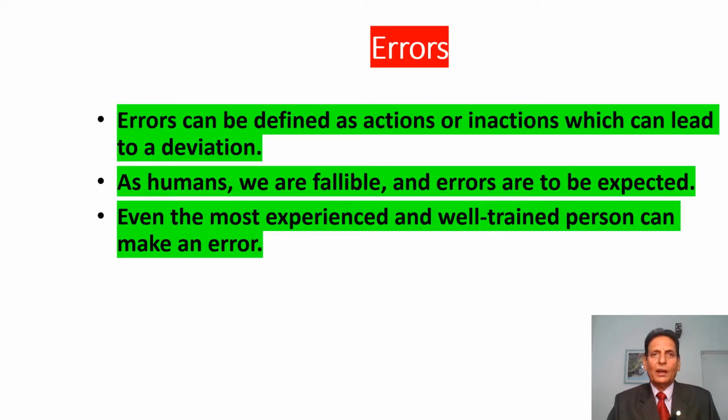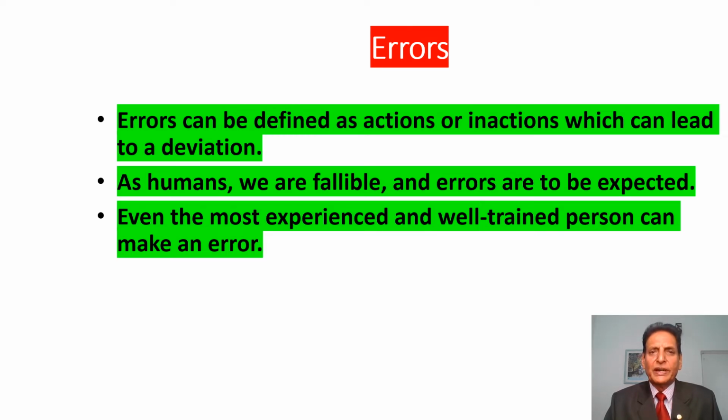Now we shall discuss errors. Errors can be defined as actions or inactions which can lead to a deviation. As humans, we are fallible and errors are to be expected.